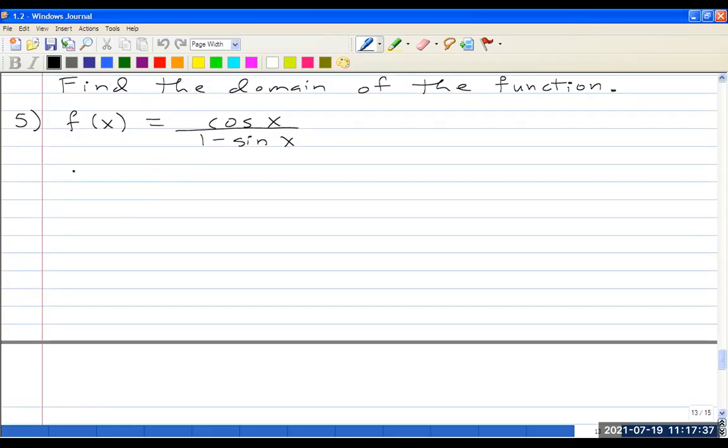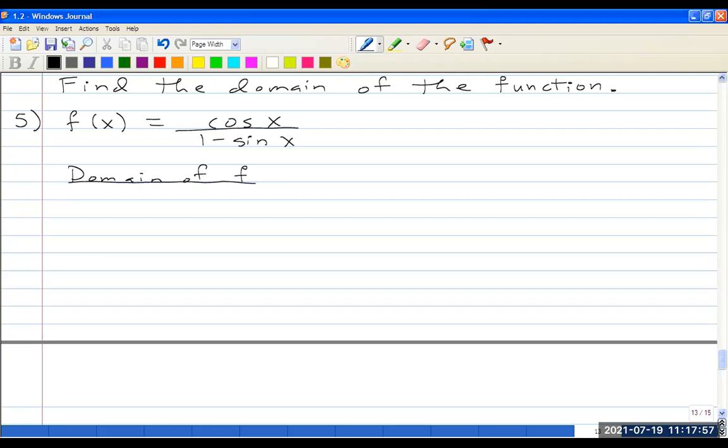So let's find the domain of f. Notice that cosine and sine are defined everywhere.